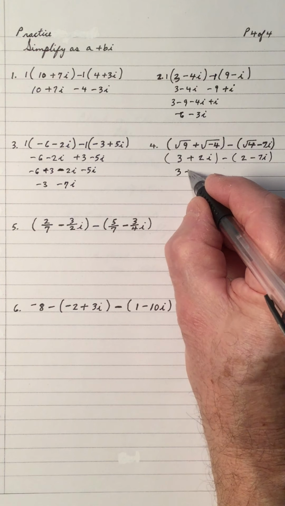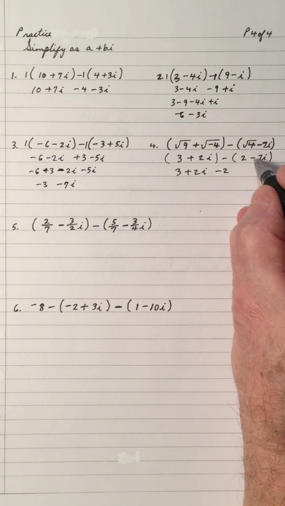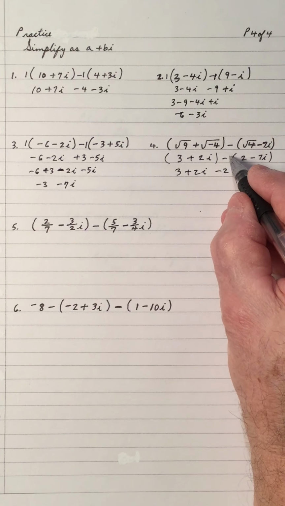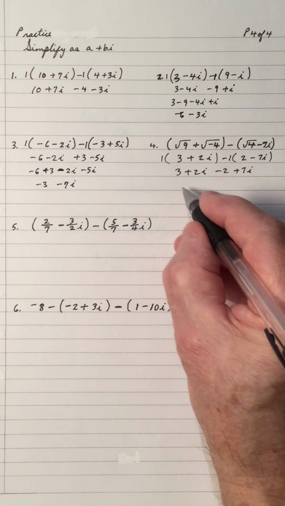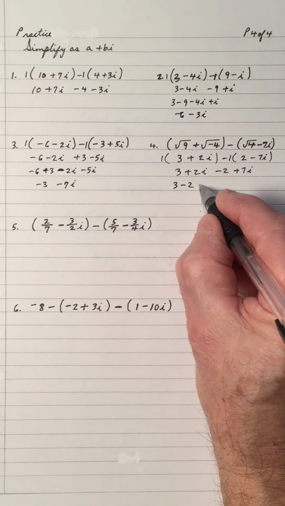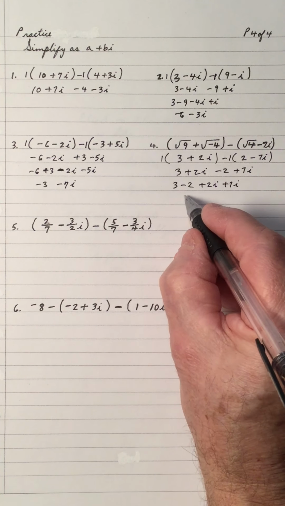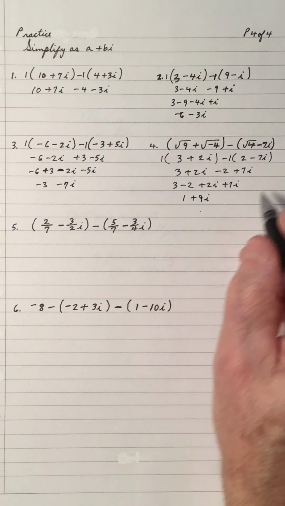Now we add on the opposite because we're subtracting. +2 is a -2, -7i is a +7i. Or you can put a 1 there and a 1 there, multiply by 1, multiply by -1. Group your real terms and group your imaginaries together, and you get 1 plus 9i.